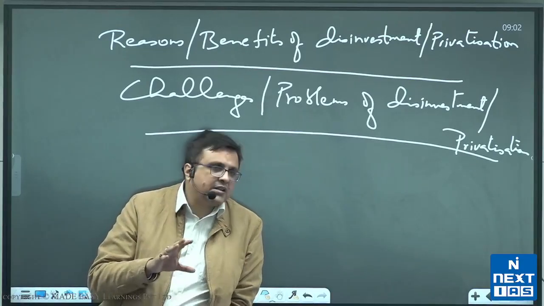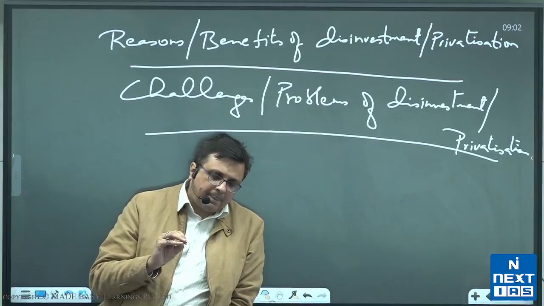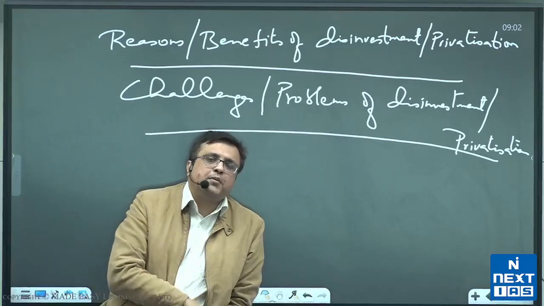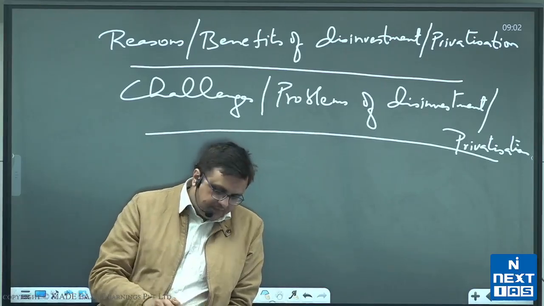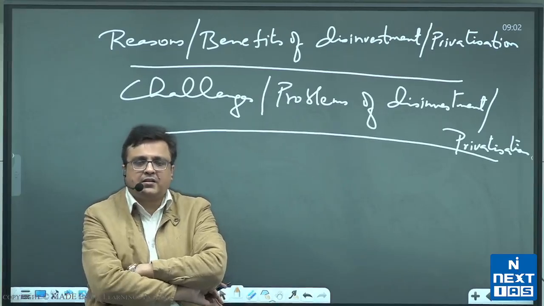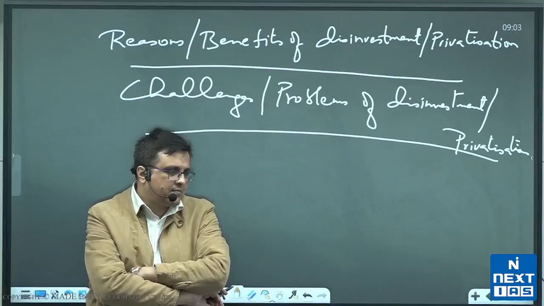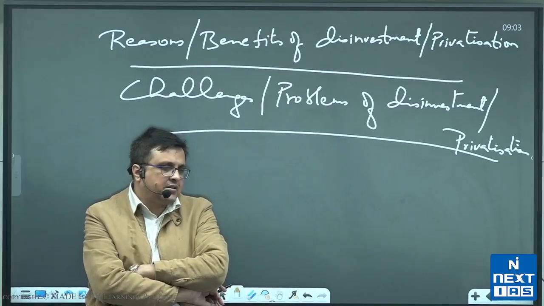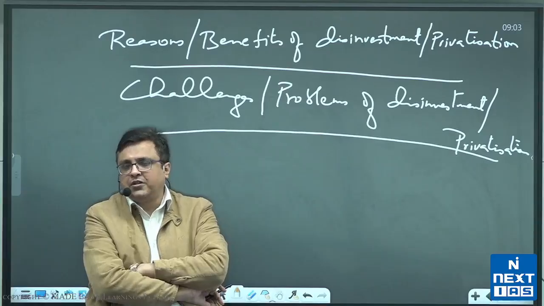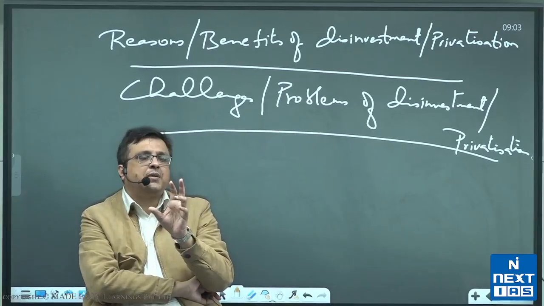All right, you write the second challenge then. You write, it can result in compromising social security of the workers. What does social security of the workers imply?